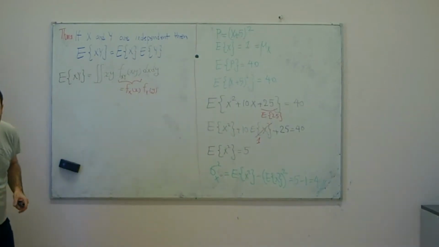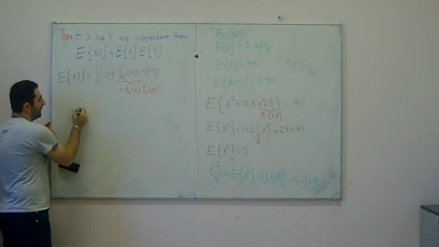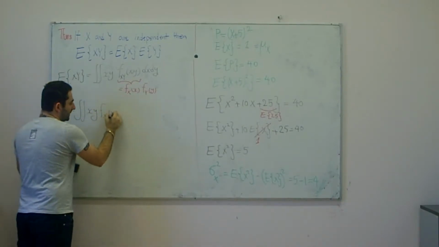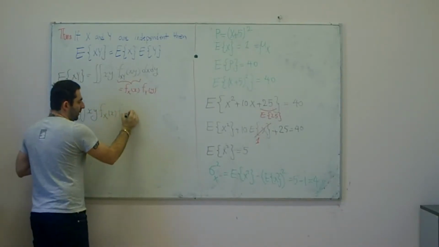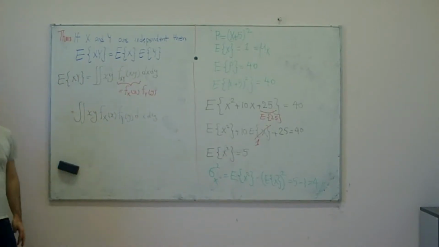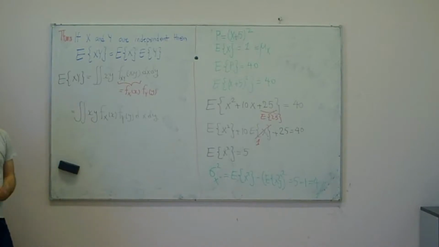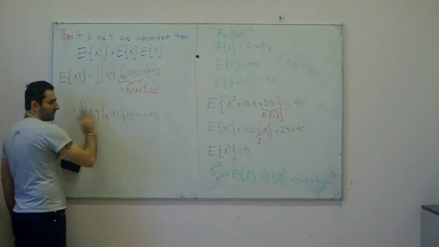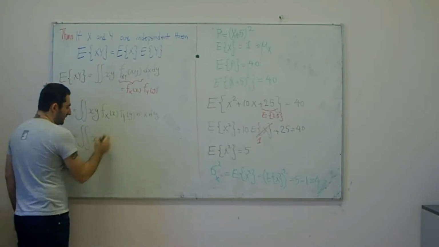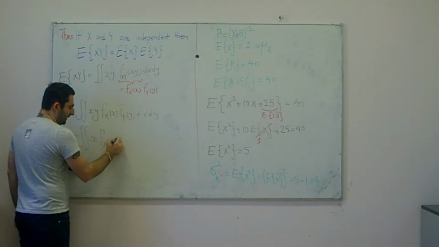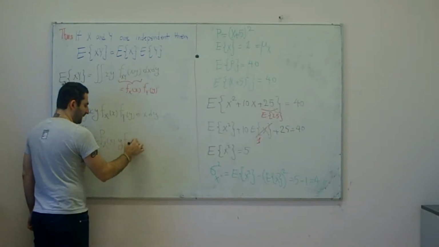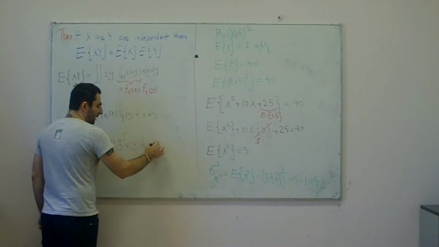So I can write it as xy f_X(x) multiplied by f_Y(y) dx dy. We know that a multiplied by b multiplied by c is equal to a multiplied by c multiplied by b. In other words, I can change the order of these terms. So it will be x f_X(x) multiplied by y f_Y(y) dx dy.